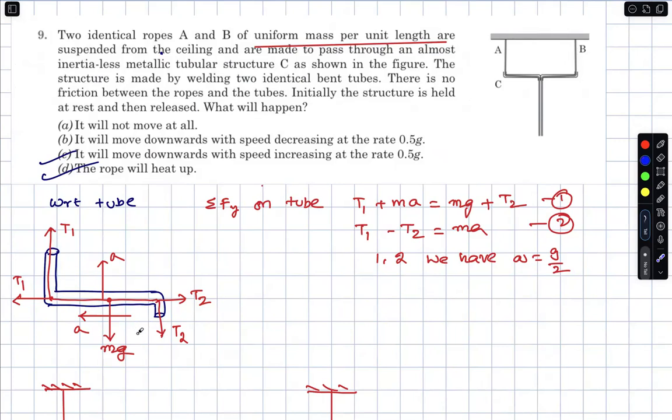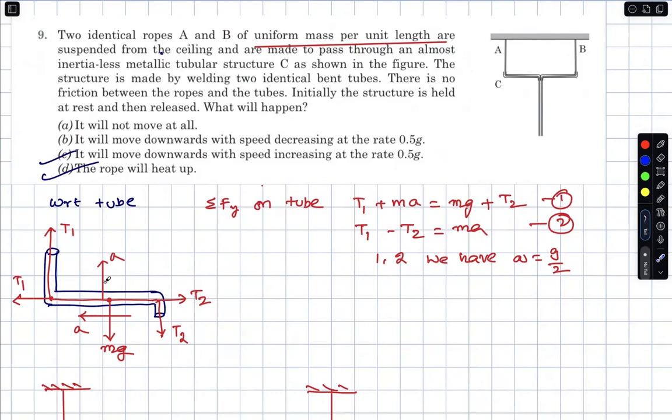Now the blue color highlighter was the rope. The problem is, is the rope massive or massless? If it is massless, I have nothing to do in this question. I'll simply say nothing happens. The rope is massive. That's the problem.